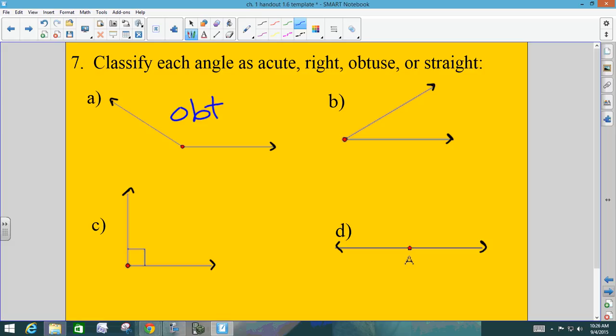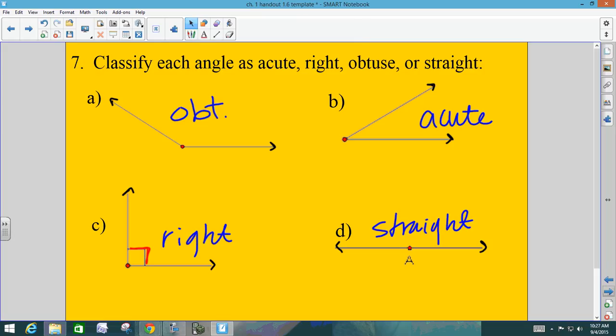Obtuse, good. Morgan, how about the second one? Brady, how about the third one? A right angle, good. How did you know that? Good, excellent. There's your right angle symbol. Shy, how about the fourth one? Good, this is a straight angle.